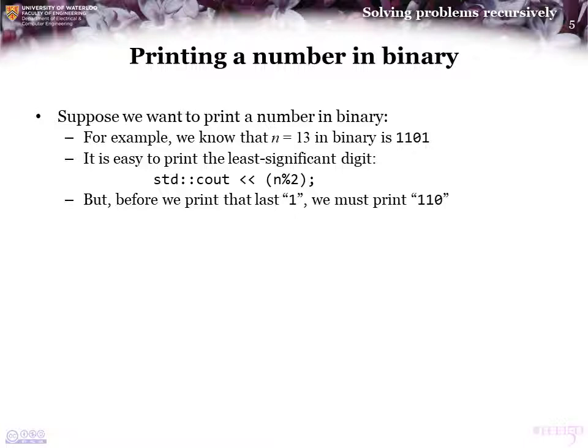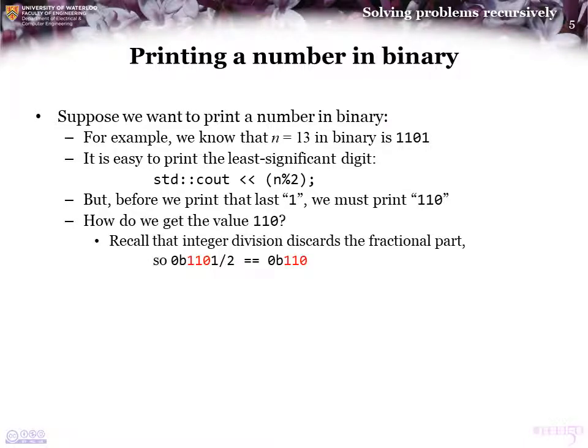But before we can print that last one, we have to first print the first 3 bits, 110. Now, how do we get 110? Well, recall that integer division discards the fractional part. So if a local variable stored the value 1101 or 13 and we divide that local variable by 2, then the result will be 110 and the fractional part of the division will be thrown out.